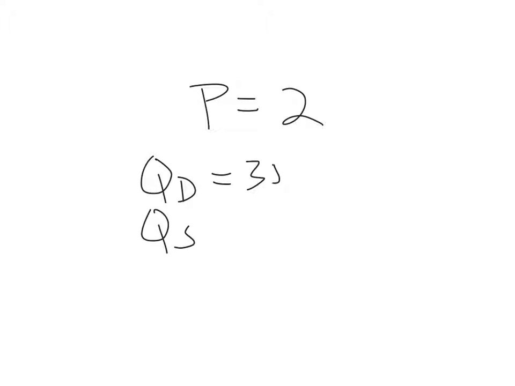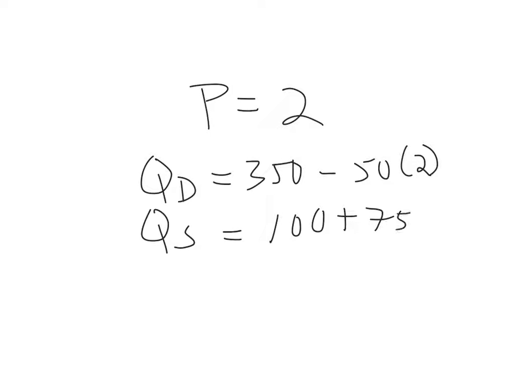So if p is equal to 2, you can go back and solve for q from either qd or qs. It should be the same. qd is equal to 350 minus 50 times 2, or qs is 100 plus 75 times 2.